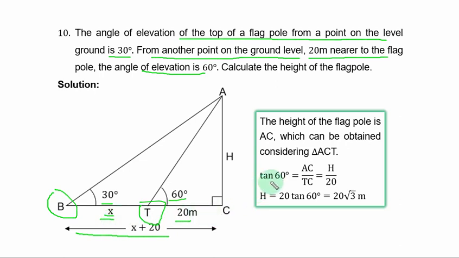And that is tan 60 degrees equal to AC over TC. That is height over 20. Height becomes 20 times tan 60 degrees, and that is 20 root 3 meters. Under special angles, the value of tan 60 degrees is equal to root 3.